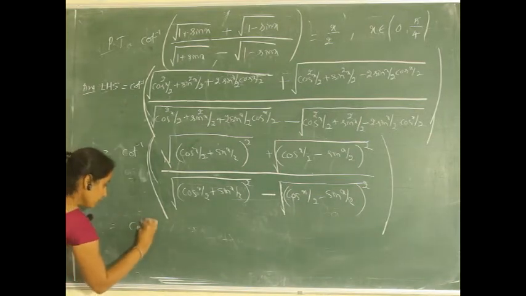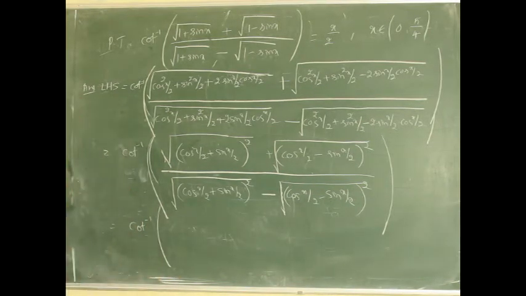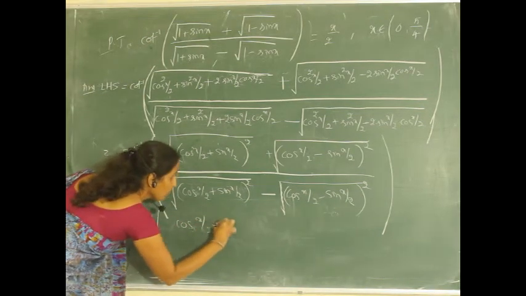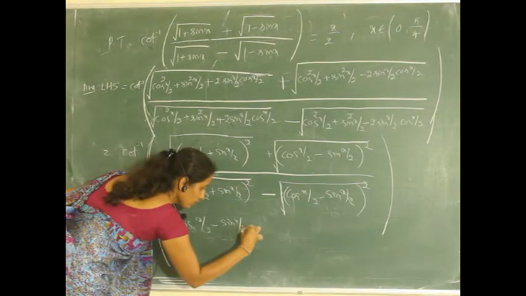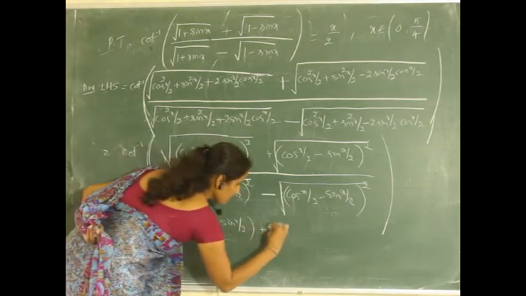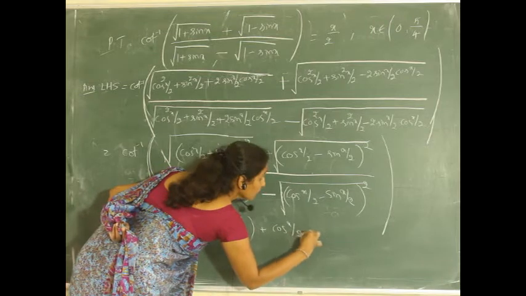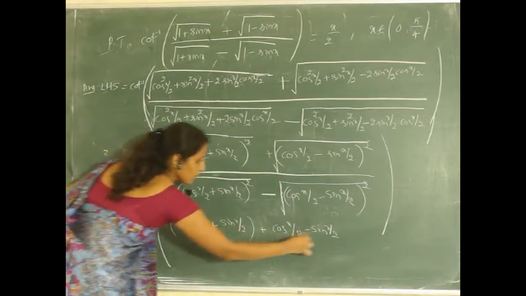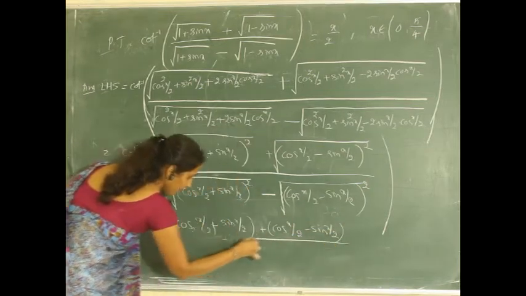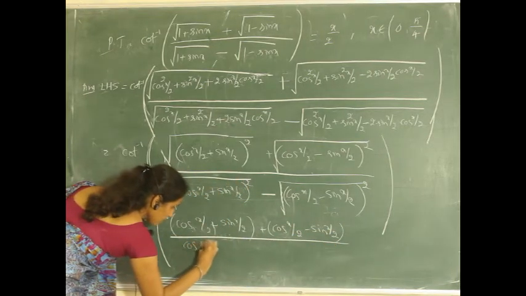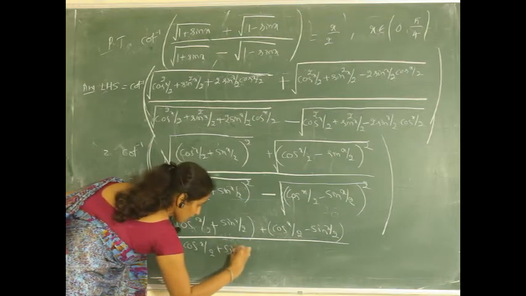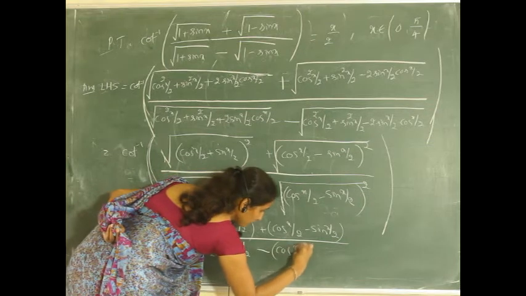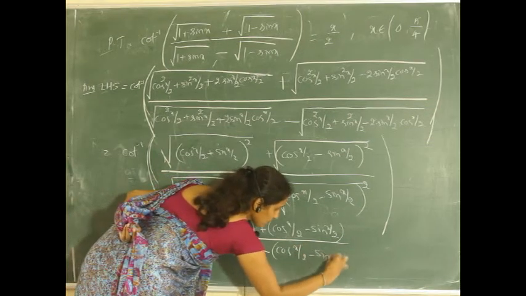So we are getting cot inverse of cos x by 2 minus sin x by 2, plus cos x by 2 minus sin x by 2, here it is plus, whole divided by cos x by 2 plus sin x by 2 minus cos x by 2 minus sin x by 2.